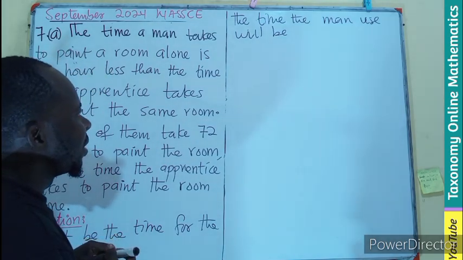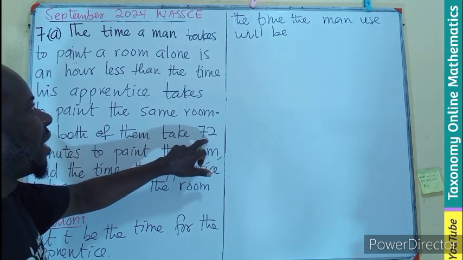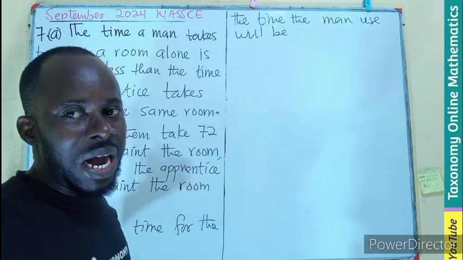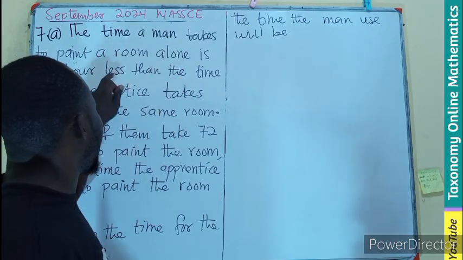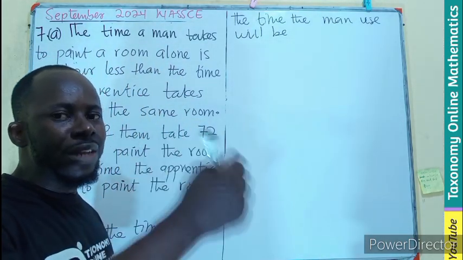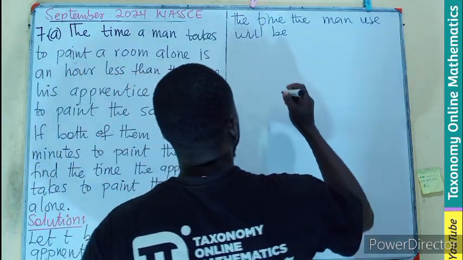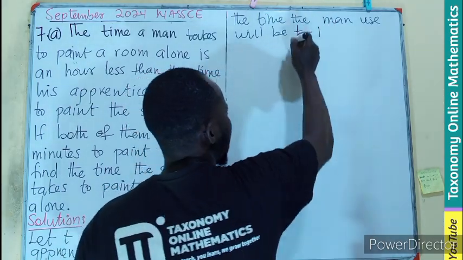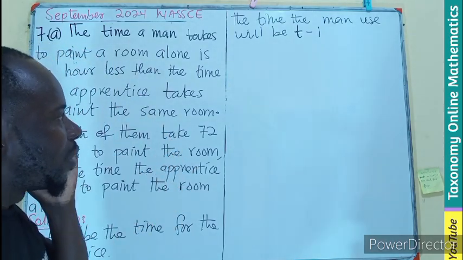Since we are dealing with 72 minutes, we can convert the 1 hour into 60 minutes. Or we maintain the hour as 1 and convert the 72 minutes into hours. Anyway, you arrive at the same answer. So it's going to be T minus 1. So these are the times that we have.